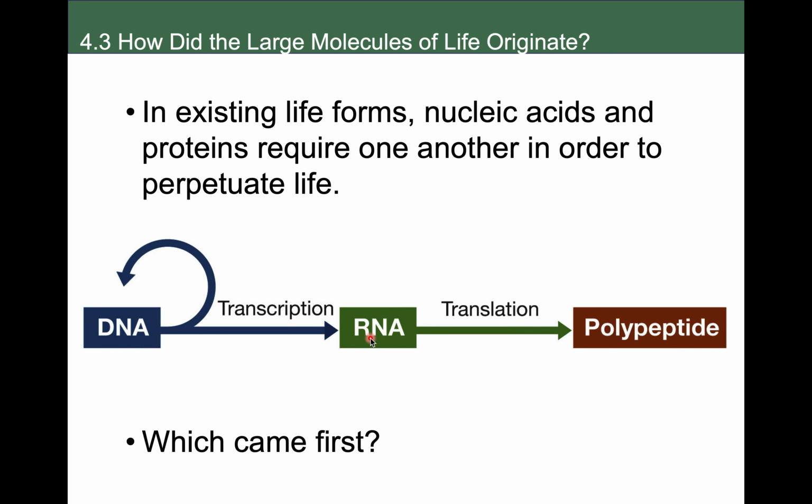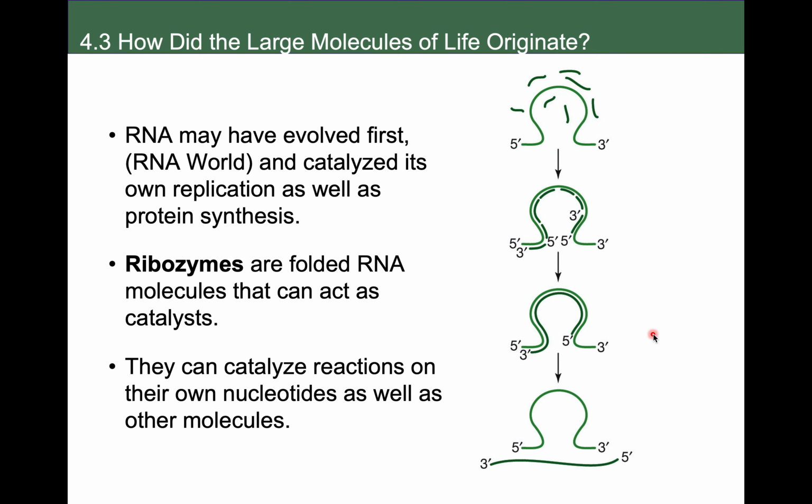which really leaves us with RNA. And this is something that I think most biologists agree on, that RNA was probably the first genetic material and probably existed before DNA and proteins. Interestingly, there are RNA molecules that actually have some enzymatic activity like proteins do. These are called ribozymes. You don't really have to worry about the details.